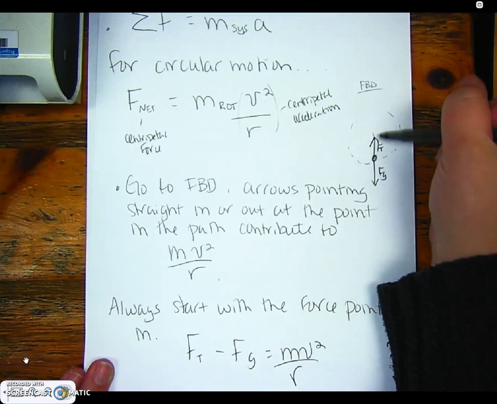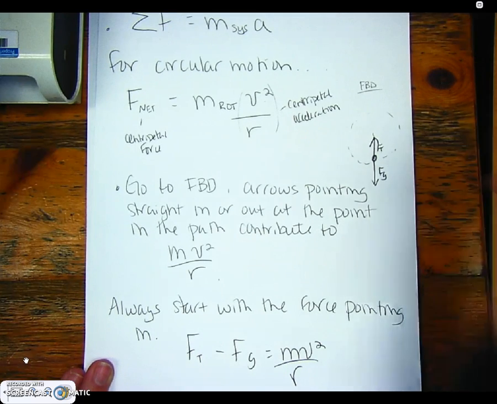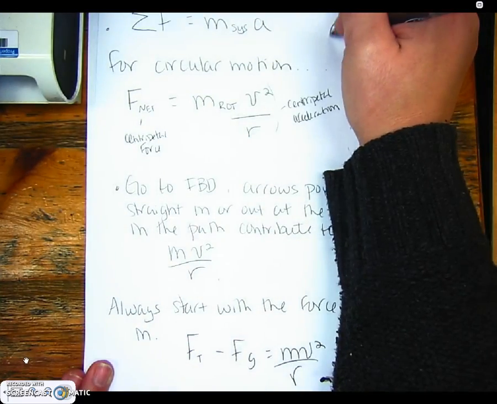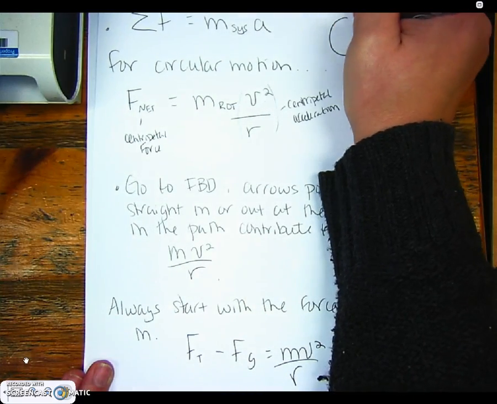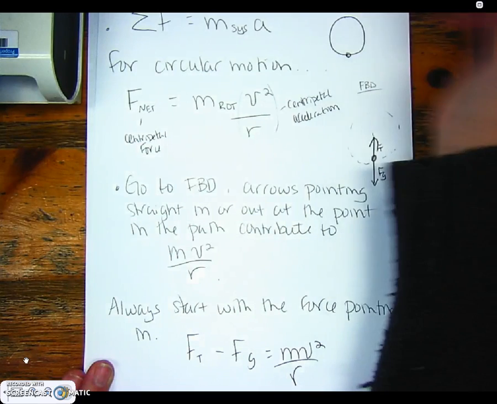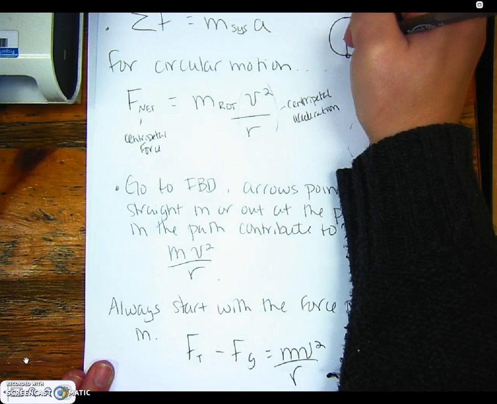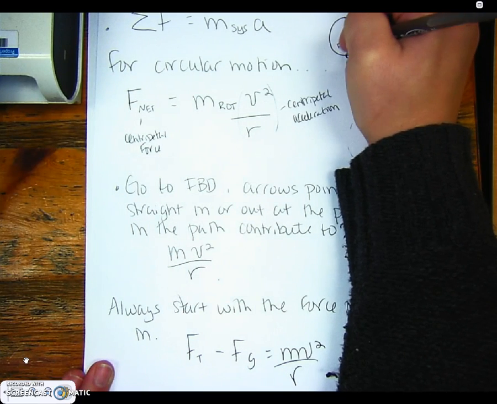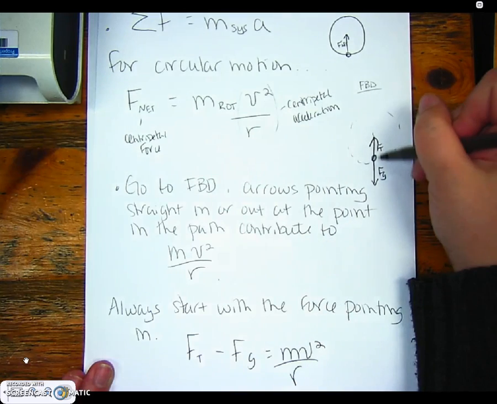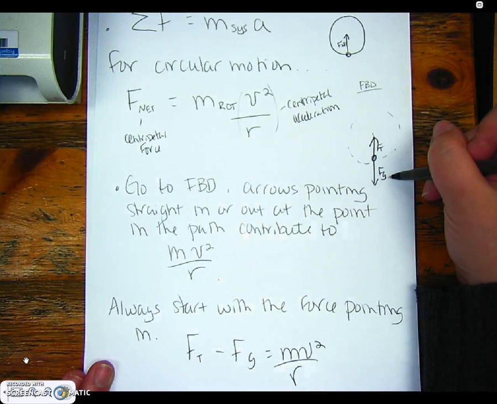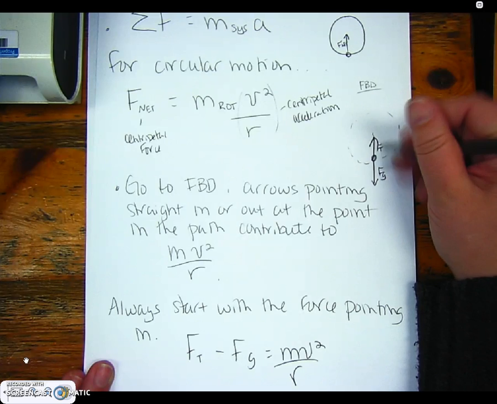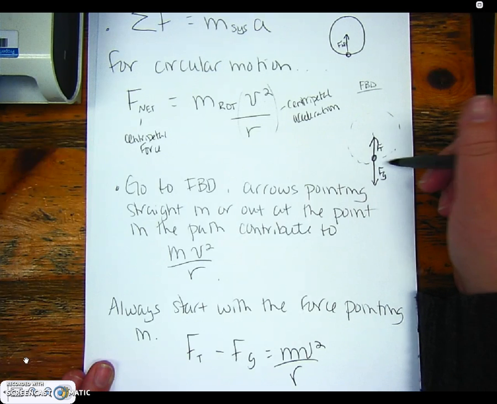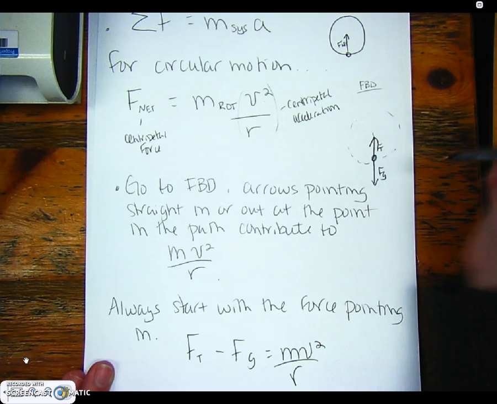Now let's go back. I just said this points in the direction of the acceleration. So if we have an object that's moving in a circular path, the direction of the net force is always going to be towards the center. So here we would have to have the tension force greater than the force due to gravity, which I didn't really draw very nicely. If it wasn't that, then the object would actually fly down towards the ground.